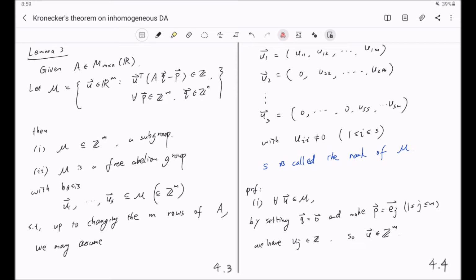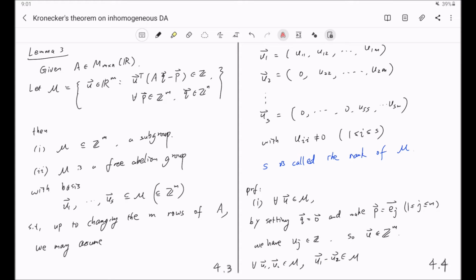And it is also easy to see that M is a subgroup, because if you take any u1 and u2 in M, you can easily see that u1 minus u2 is also in M, because the transpose of this difference u1 minus u2 multiplied by (Aq minus p) is also an integer valued vector, because u1 and u2 satisfy the same condition.